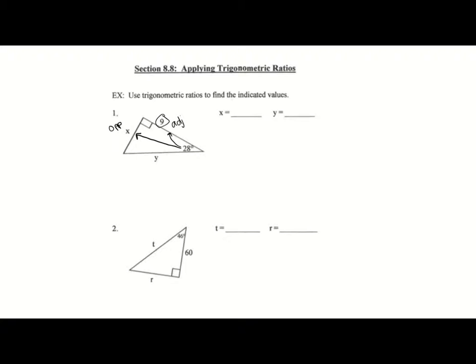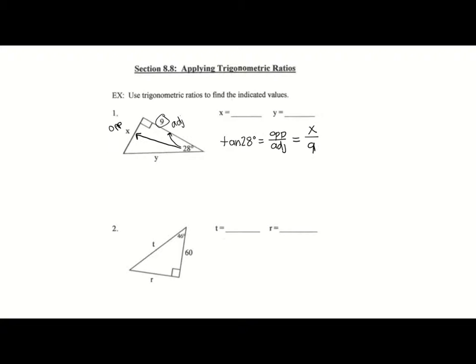So if I set up this ratio, because I'm using opposite and adjacent, that's going to be tangent. Tangent of 28 degrees is equal to opposite over adjacent, which is x over 9.